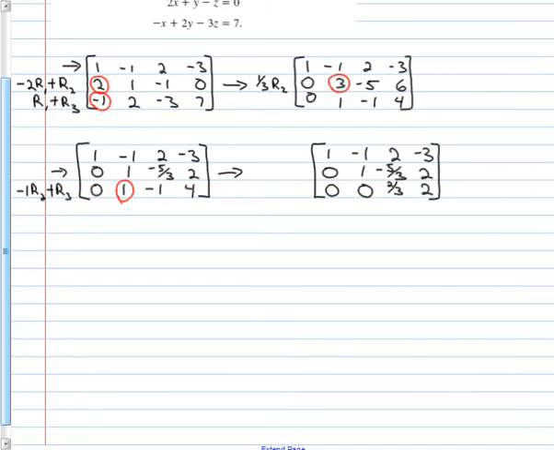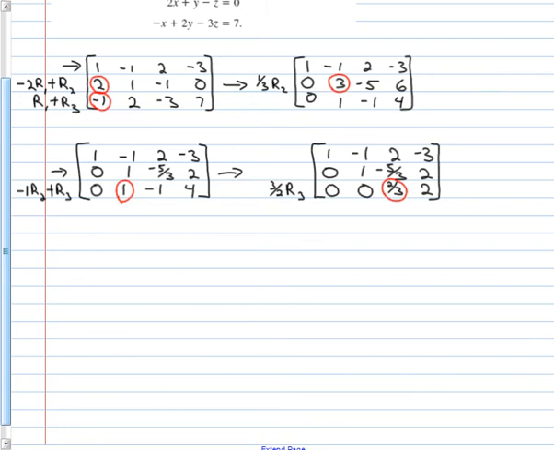All right, now I want to get a 1 in that location for row echelon form. What can I multiply it by to get a 1? Just multiply it by 3 over 2, right? It'll change it to a 1.